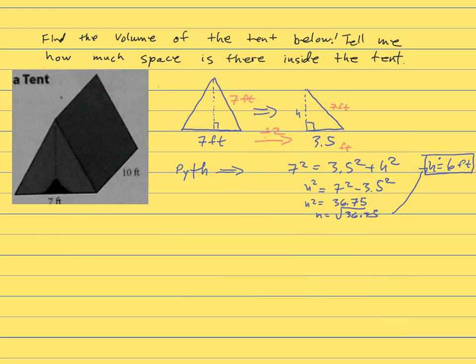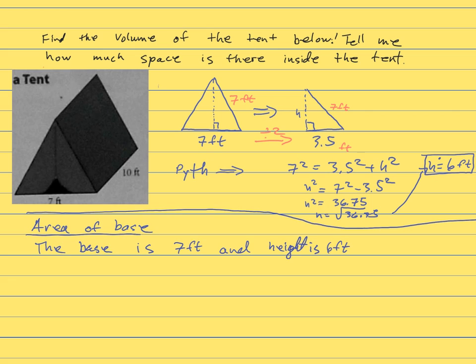So now let's move on to the last part of our calculation. Now that we have our height being 6 feet, we need to calculate the area of the triangular base. So the base is 7 feet and the height is 6 feet. So we just substitute.